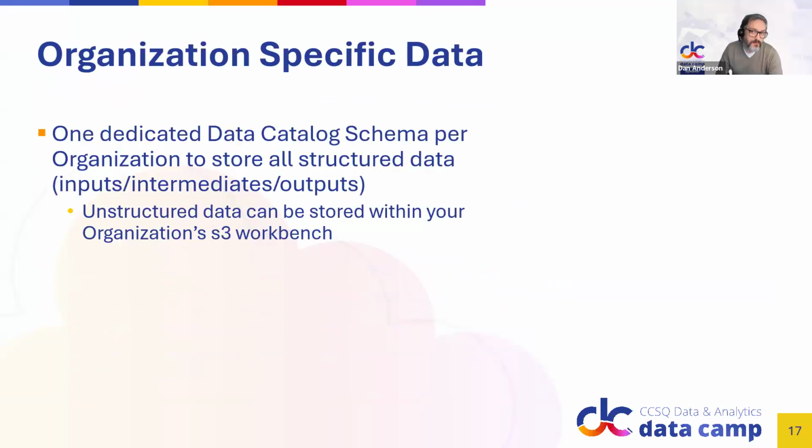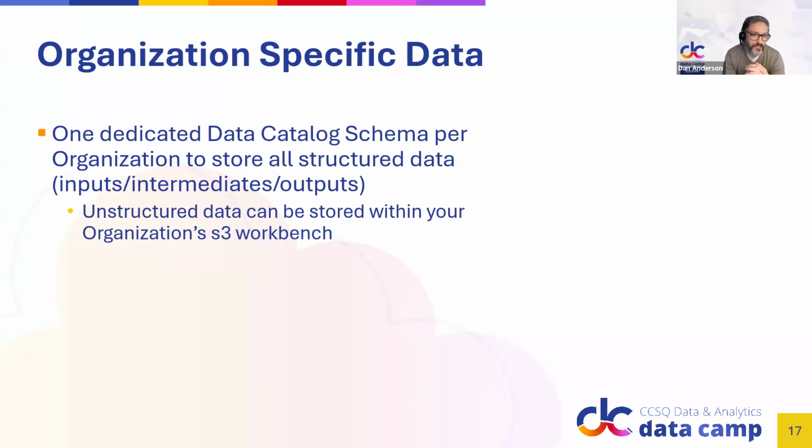So, organization schema, right? You have organization-specific data. Typically you'll start with one dedicated data catalog schema per organization, or whatever the definition of organization is. It can be more project-centric, but one dedicated data catalog schema per organization to store all your structured data.